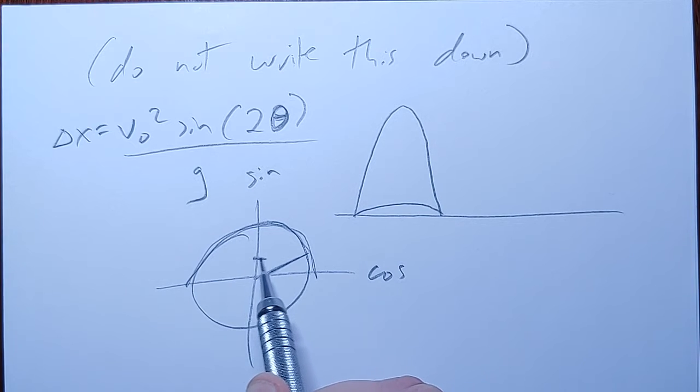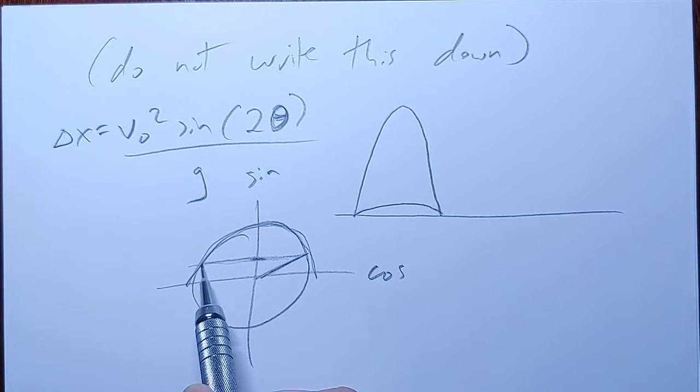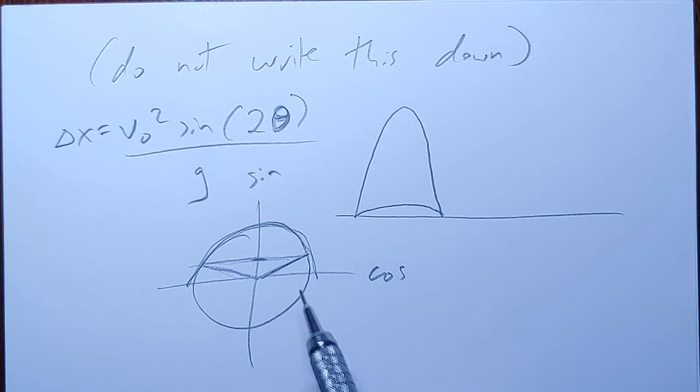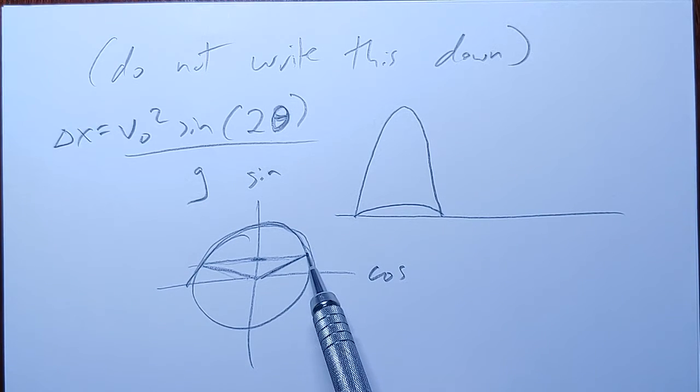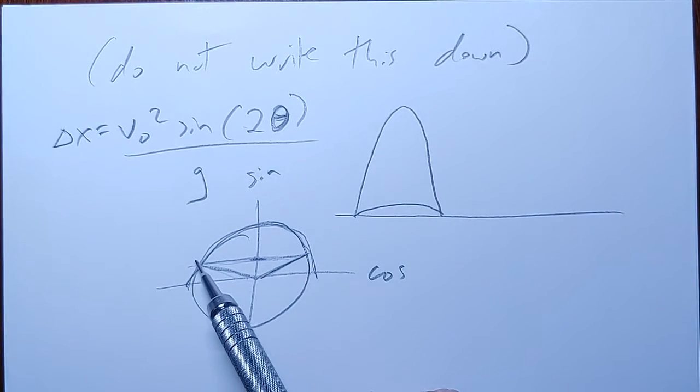And so the sine of 20 degrees is going to be whatever this y coordinate is here, but there's some other angle that has the exact same y coordinate, the same sine value, and you can see it's symmetrical. And so if this is 20, this is going to be 20 away from 180, or 160. And so if 2 times our angle was 160, then theta's got to be 80.